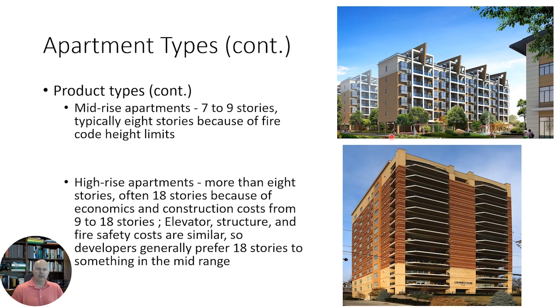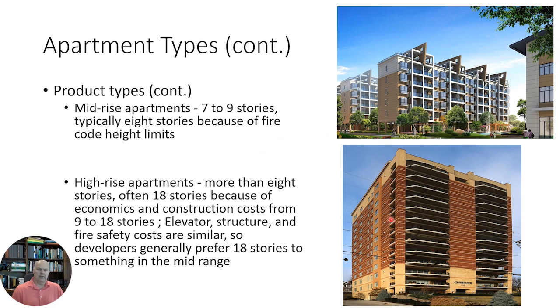Usually they're anywhere from 7 to 9 stories, and a lot of that has to do with needing a special fire suppression system. That will depend by geography, so it's going to be different from each place. But typically, it's over 8 floors. You need a special fire suppression system. So oftentimes you see the mid-rises stop at exactly 8 stories.